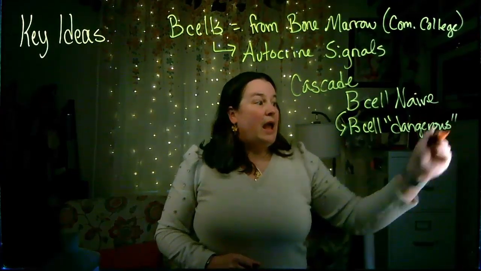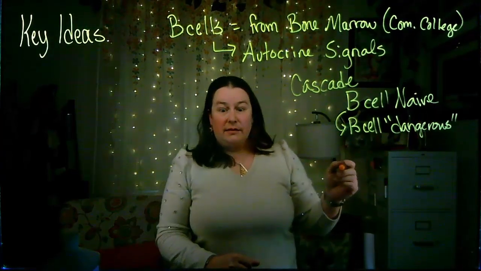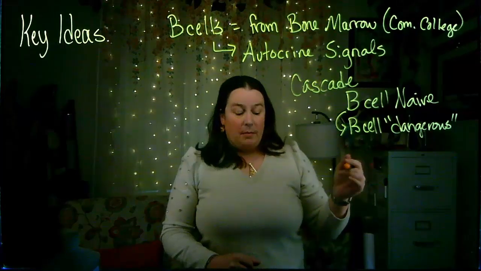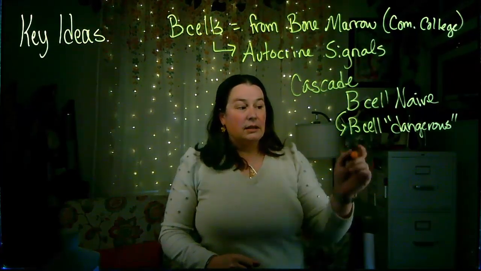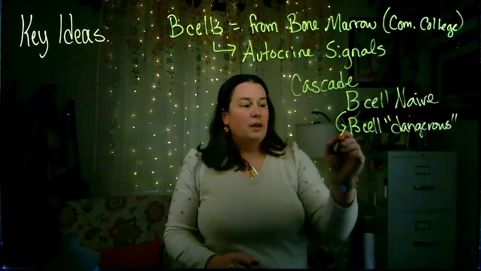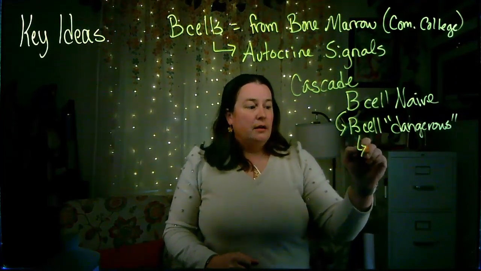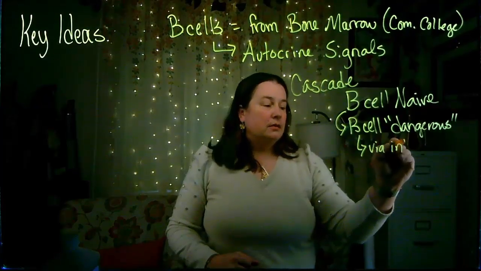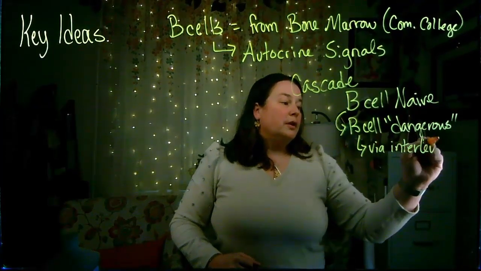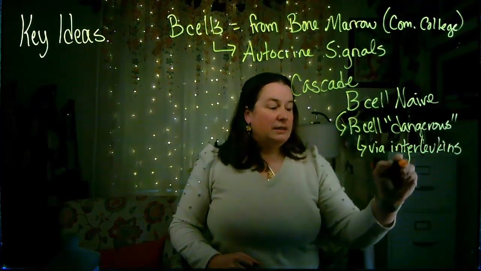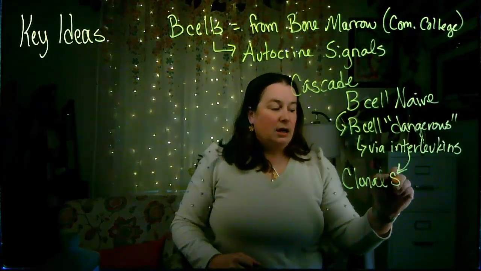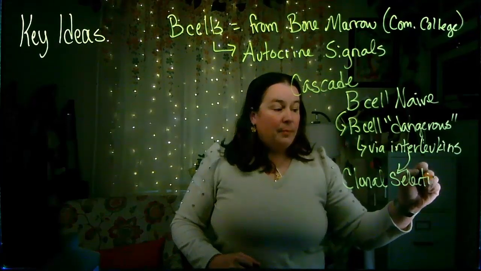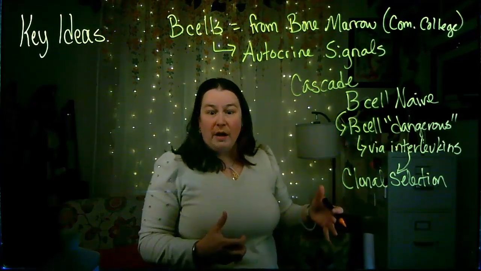And that dangerous thing then is going to cause some autocrine signaling. Now, as the autocrine signaling is happening via interleukins, this is going to cause clonal selection. That's fancy talk for a rapid rate of mitosis to create a whole bunch more B cells.